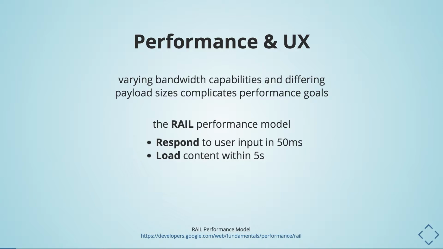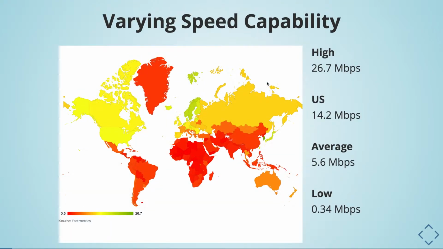Anytime the user interacts with your application, whether it's a click or whatever the case may be, you should respond within 50 milliseconds. And basic content should be loaded within 5 seconds, right? I'll let you do all the math on what it takes to meet these performance metrics plus this chart. You're going to have to do some tricks and things like that. That make sense? Questions or comments?